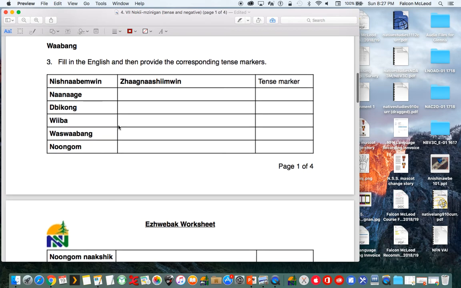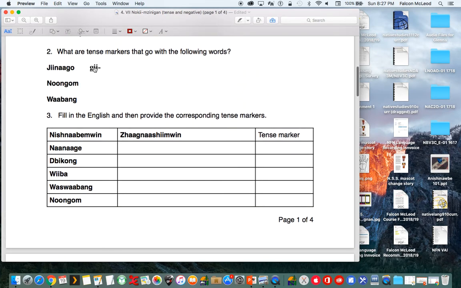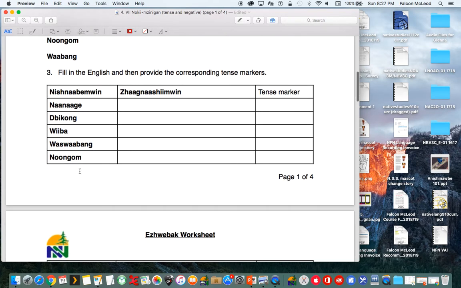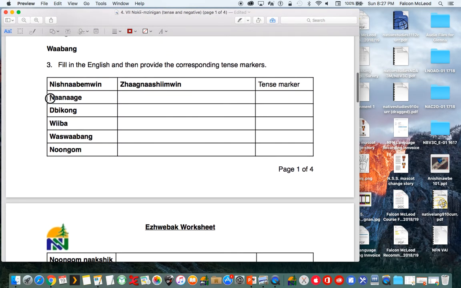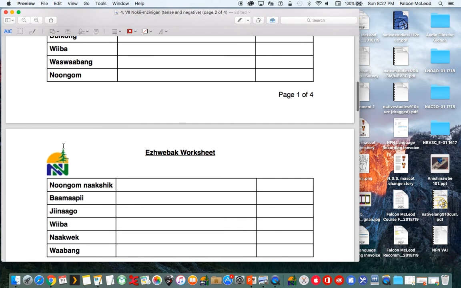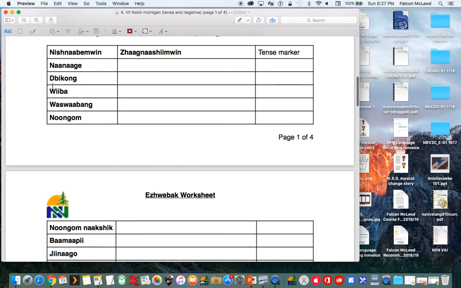All right. So fill in the English and then provide the corresponding tense markers. So a tense marker is this right here, the prefix that you add to the front of a verb for the tense. So again, these are some new words here for you to learn. These should all be in the dictionary as well. But again, if you don't know them, I'll show you how to do them.